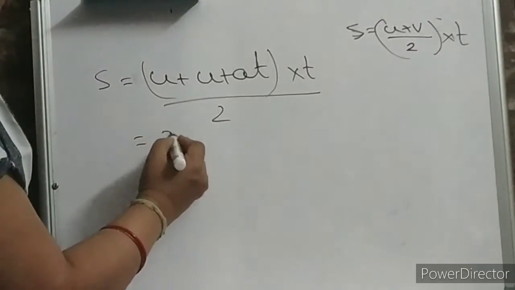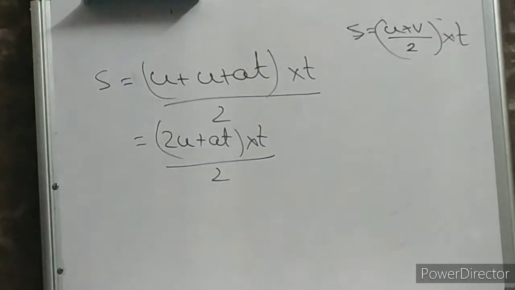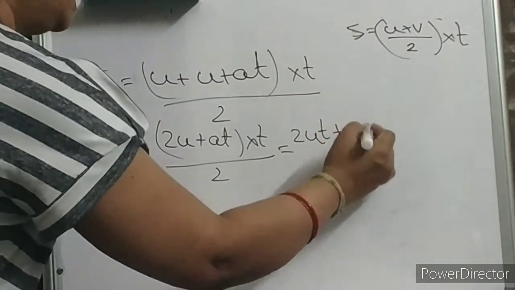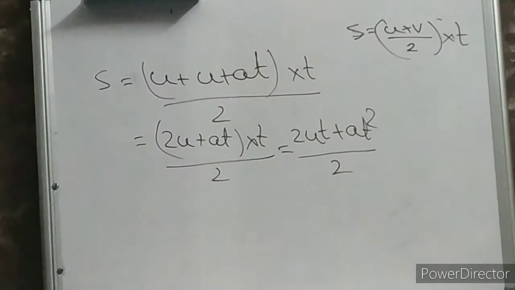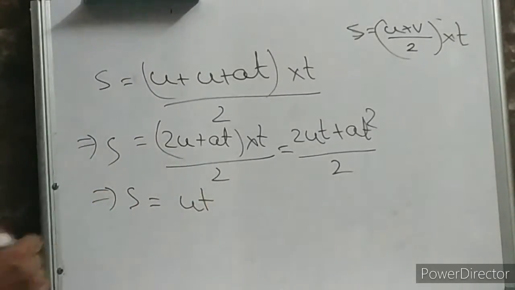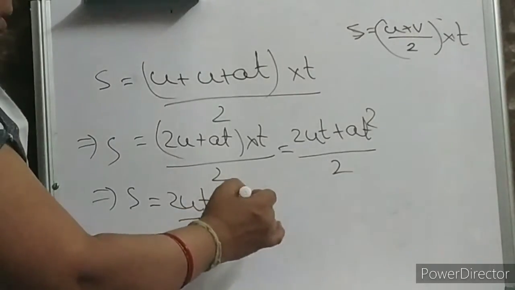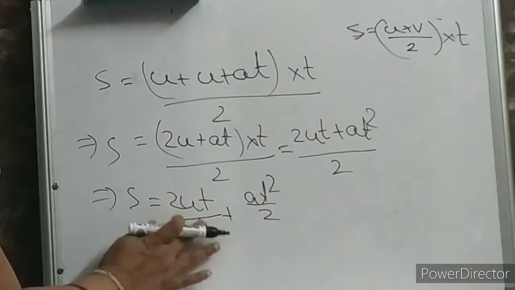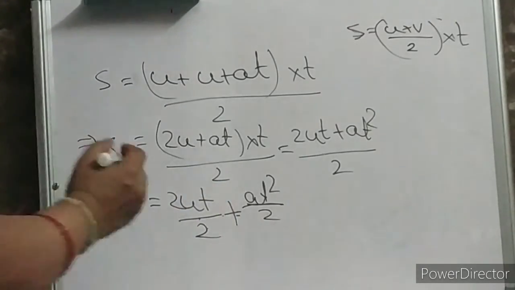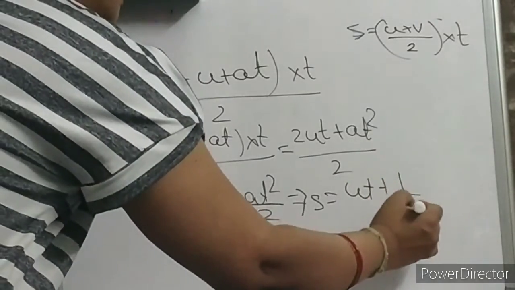So it is (2u + at) × t/2. Opening the bracket, s = (2ut + at²)/2. Now, s = 2ut/2 + at²/2. The 2 gets cancelled, so s = ut + (1/2)at².